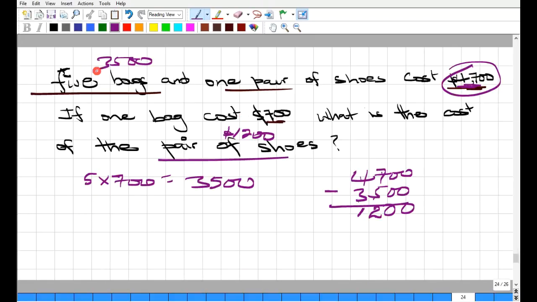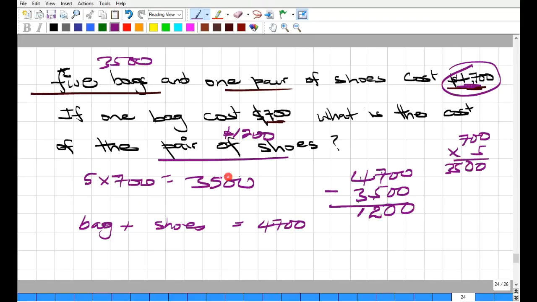Let's check to see if this is correct. So 5 bags and 1 pair of shoes should be equal to $4,700. So we have bags plus shoes should be equal to 4,700. Bags, 700 for one, and we have 5 of them. 700 multiplied by 5, 5 times 7 is 35.